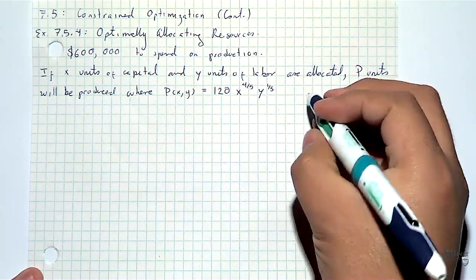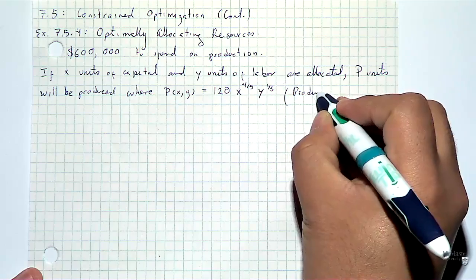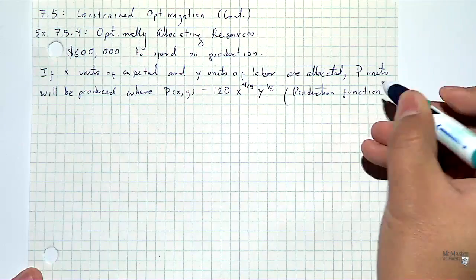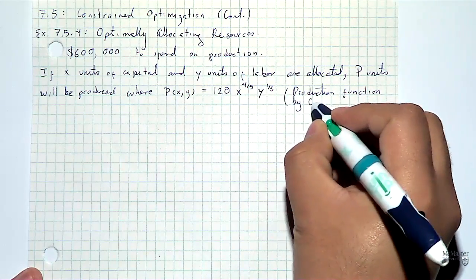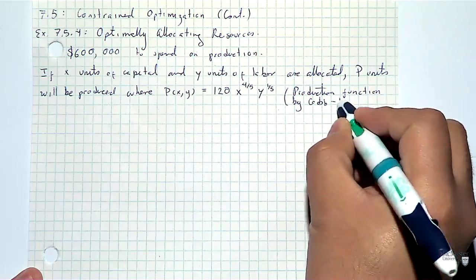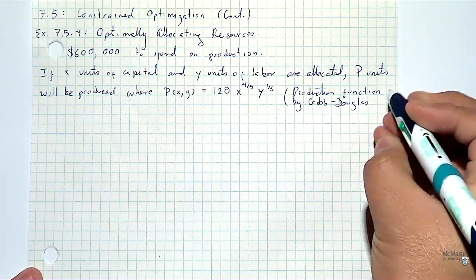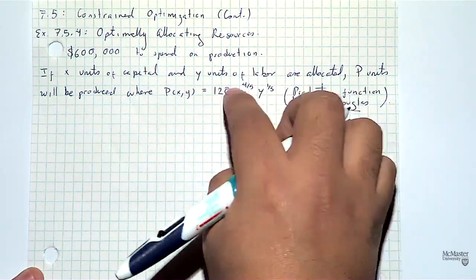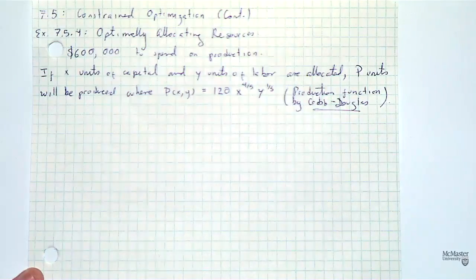Again, the production function is given by a Cobb-Douglas model. So the characteristic of this model, as you remember, is basically the sum of the powers is 1, which is happening here.